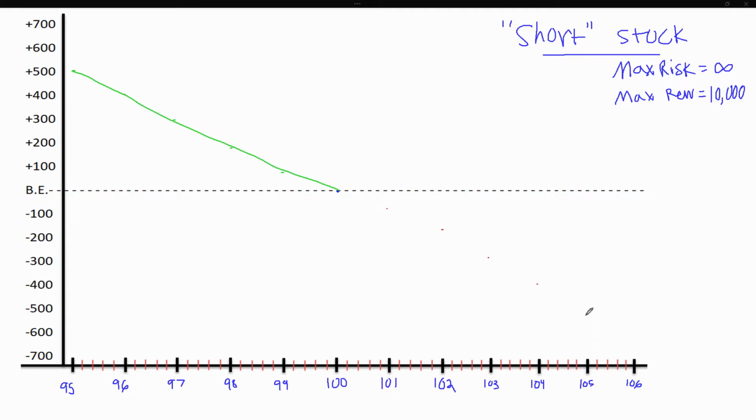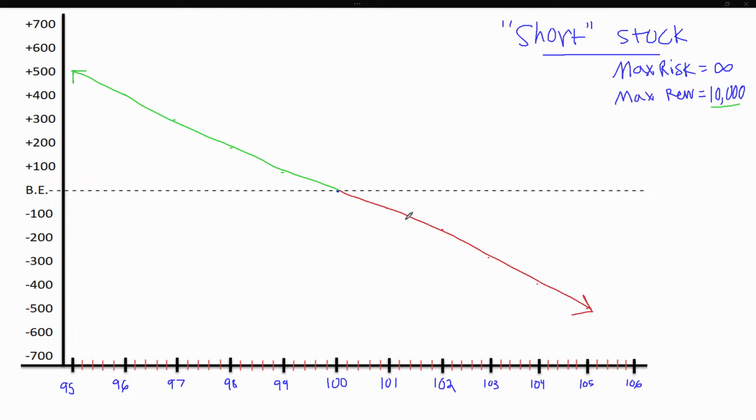Down $500 if the stock goes up to 105, and so on. So our risk graph is the exact opposite of buying stock, of the long stock position. And it would go that way an infinite amount. And this one would go this way, not an infinite amount, because eventually it would hit zero, right? Eventually the stock would hit zero and we'd be capped out at our $10,000 gain.